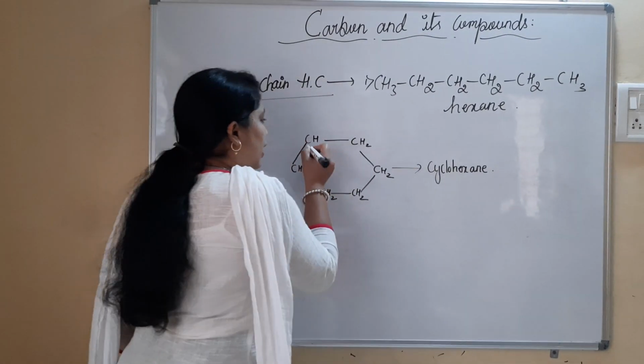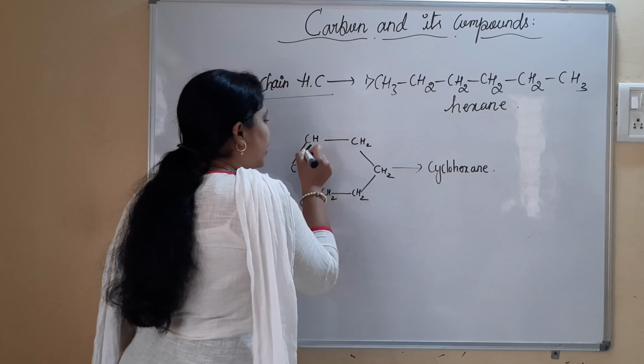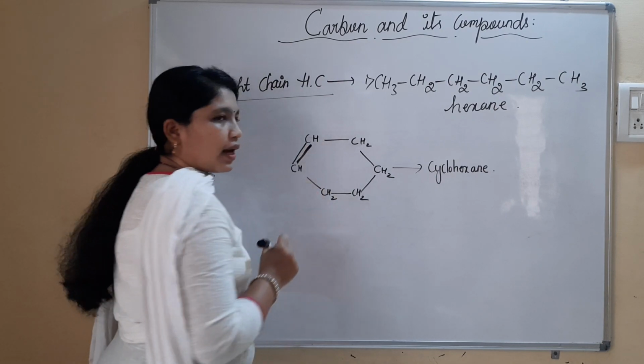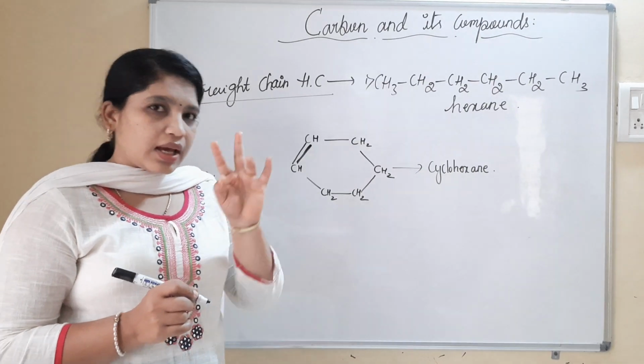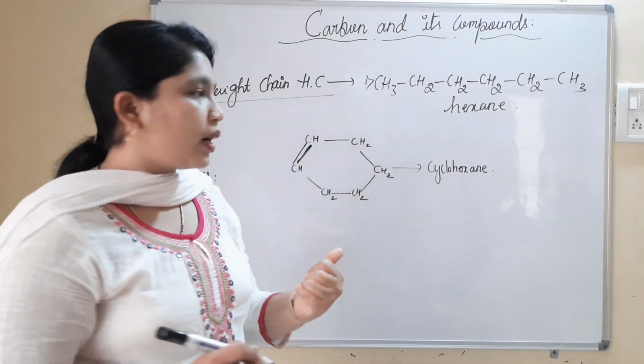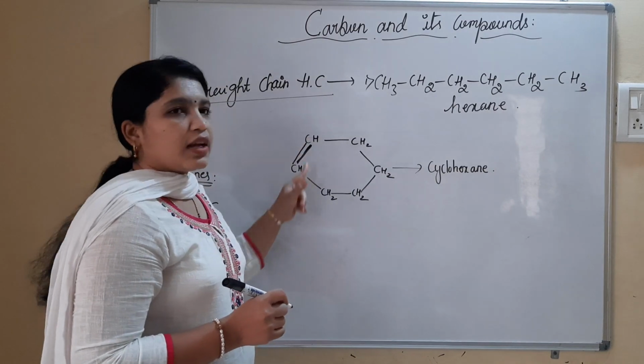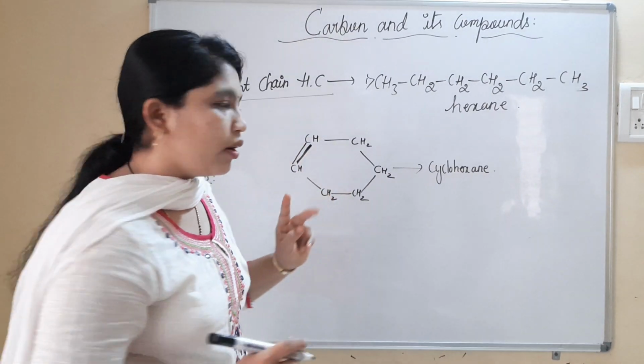Now what do I do? I will put the double bond between these 2 carbon atoms just by replacing those hydrogen atoms. Replacing 2 hydrogen atoms, what did I do? I have taken one double bond.